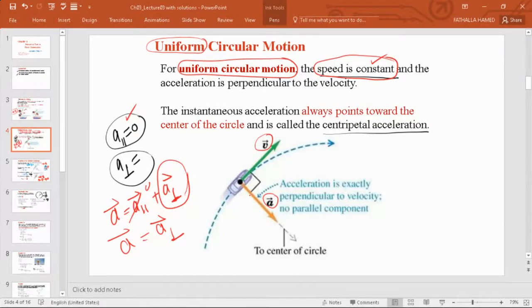And the acceleration will be the perpendicular acceleration that we talked about, which is responsible for changing your direction. And this acceleration is always going to be pointing toward the center of the circle. And we call it centripetal, meaning something that basically points toward the center.